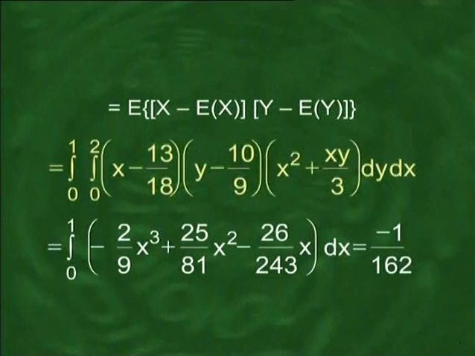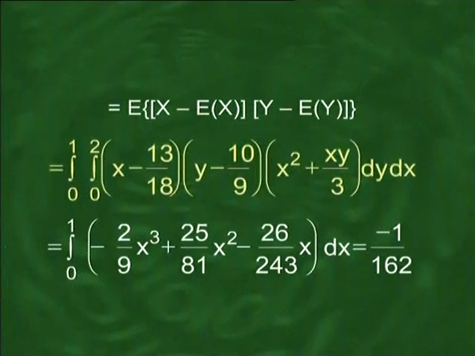In other words, we have to find the double integral of x minus 13 over 18 into y minus 10 over 9 into the joint PDF x square plus xy over 3, and applying the integral in the same manner as we discussed earlier, we find that the covariance of x and y comes out to be minus 1 over 162.